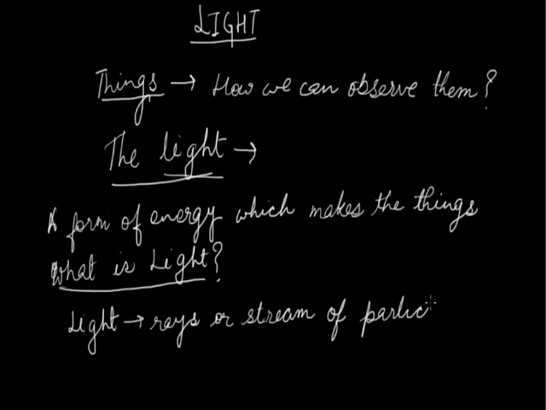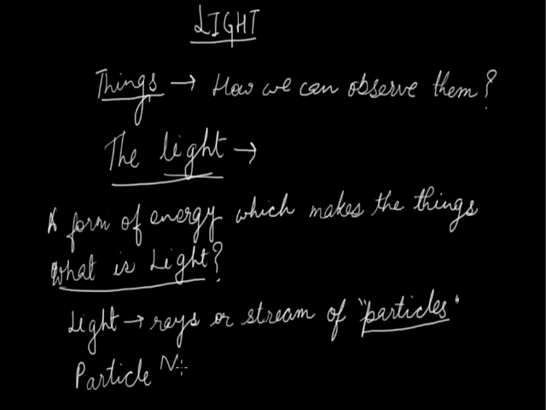These particles are very small and they move with a very high speed. That's why we cannot observe them. And this was the particle nature of light.